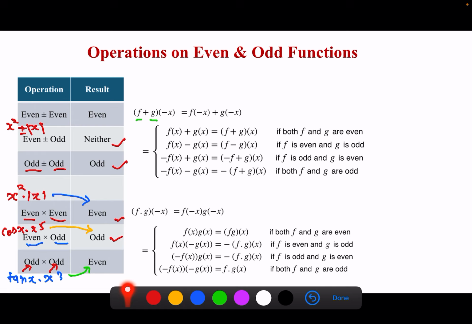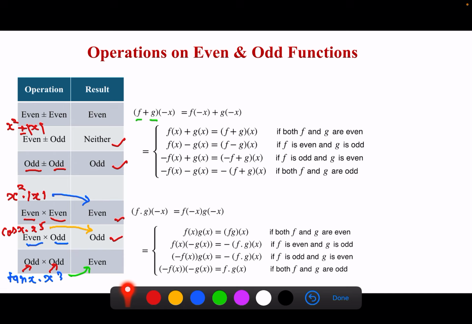Same we can prove for two functions when one is even, one is odd. In that case the product function will be an odd function. If both functions are odd, then f of minus x is equal to minus of f(x), g of minus x is equal to minus g(x).